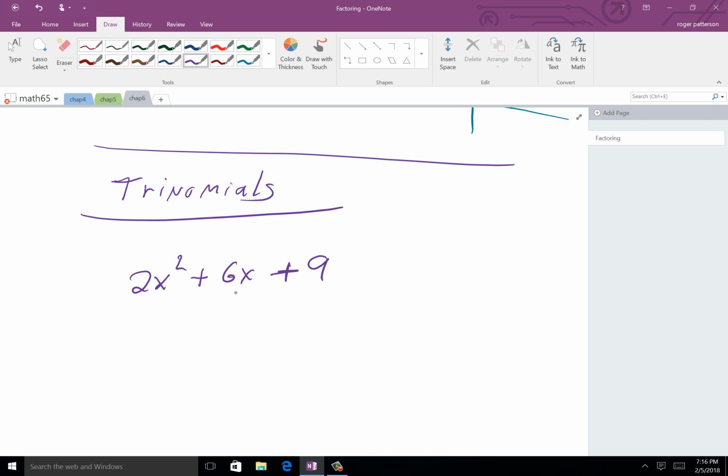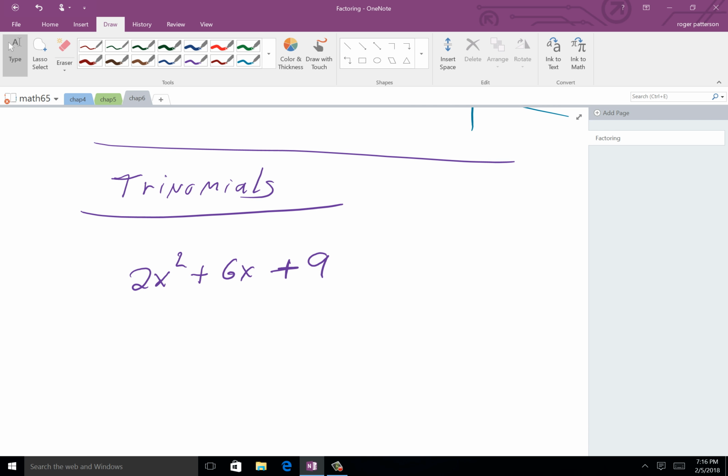So I'm going to show you both ways, but one way is going to be a little longer than the other one. However, most people like the longer way. So I'll show you both. So here we go. We're going to start with this. We're going to use a factoring technique called the AC method.